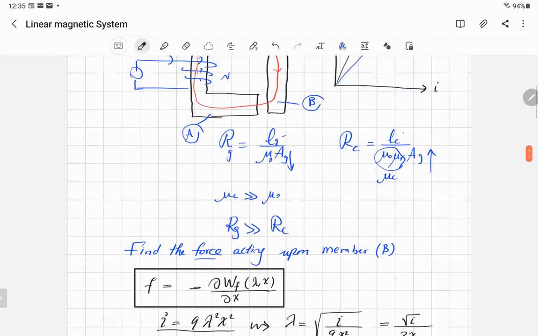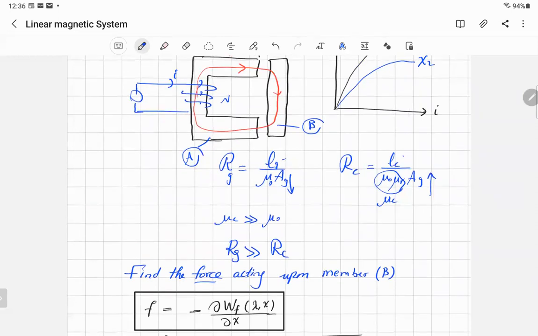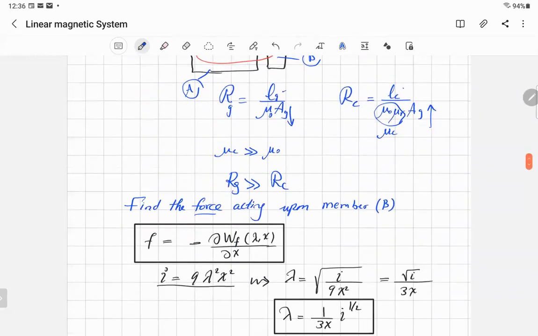In this problem, it was asked to find the force acting on member B under the following condition: when I equals 4 amp and x, which is the air gap, equals 5 millimeter.